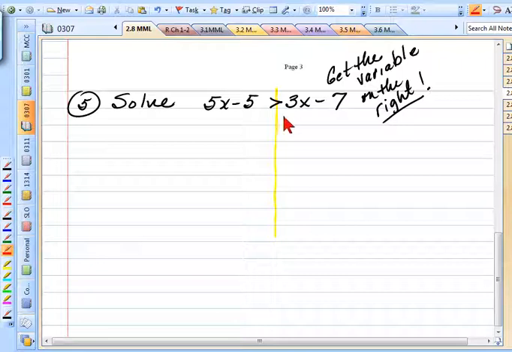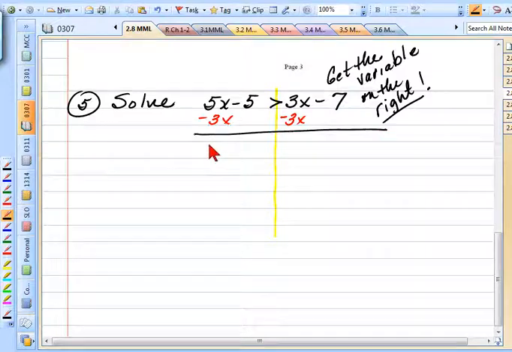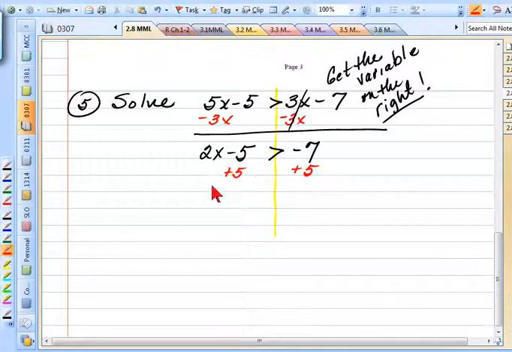What does that leave me with? 2x minus 5 greater than negative 7. Now, even though it's an inequality symbol, all of my steps are the same. I look to the left. Is there a constant for me to get rid of? Yes. So I'm going to add 5 to both sides. 2x is greater than, one's negative and one's positive, so I subtract negative 2.